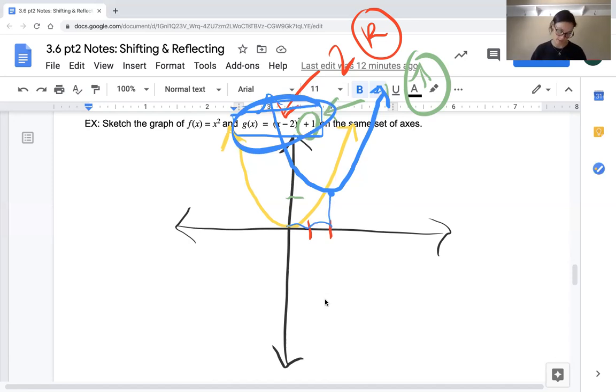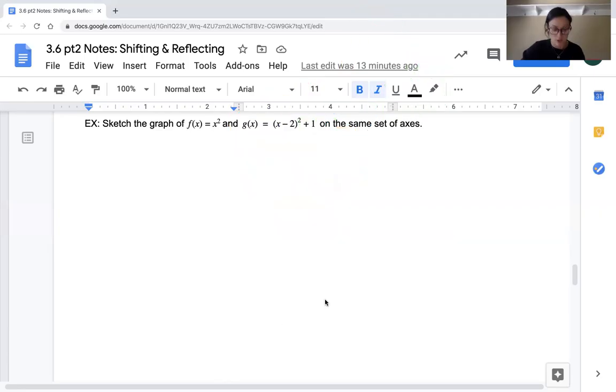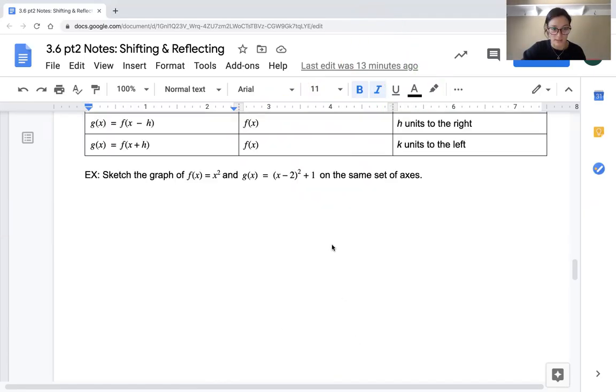Obviously this graph that I just drew is not exact in any way, but I understand that it's my OG parabola, the yellow guy, moved to the right 2 and up 1. So I understand the transformations that are going on, which would allow me to pick, oh, okay, it's that one, or it's that one.